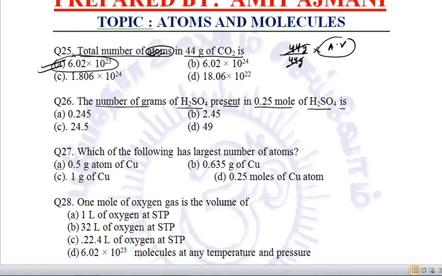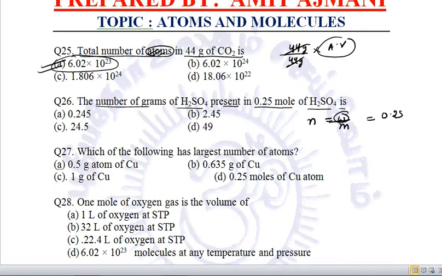The formula for mass calculation is the Avogadro number, the gram molecular mass divided by Avogadro number, which can be simply represented as the formula that we already have studied, that n is equal to W by M. So from here we can calculate the mass, which will be equal to n into M. Now the value is given to us to be 0.25 mole.